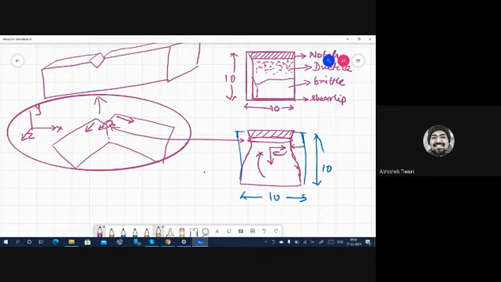So this amount by which it has sunk in is called the lateral strain. And that is also a measurement of how ductile the material is. If the material is more ductile, it will sink in more. If the material is brittle, then this sinking will not happen. It will be of a very insignificant amount if it is a complete brittle fracture.